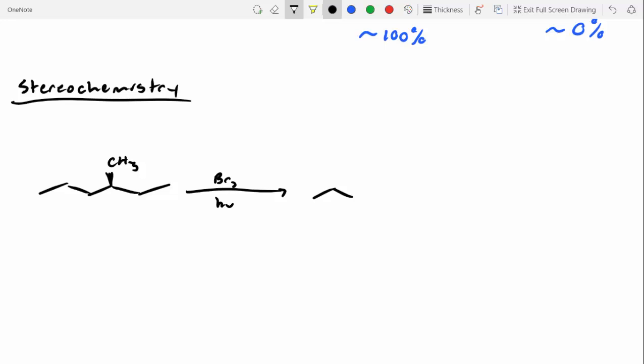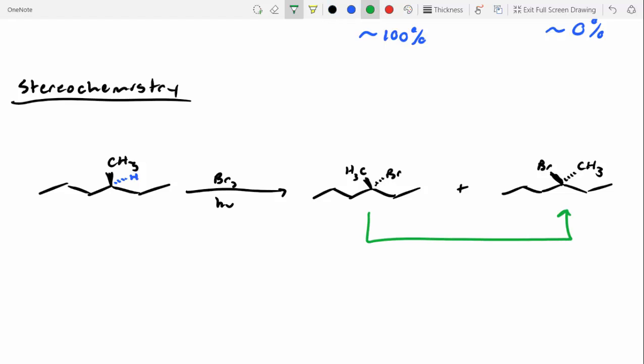We know that we've got a mixture of products based on our experimental data, and it's important to remember that this hydrogen in blue is going to form the most stable radical if it's abstracted. So we might end up with 50% with our new halogen pointing in the back, and we might end up with 50% with that halogen now pointed in the front. So you do have to watch out for a racemic mixture of enantiomers.